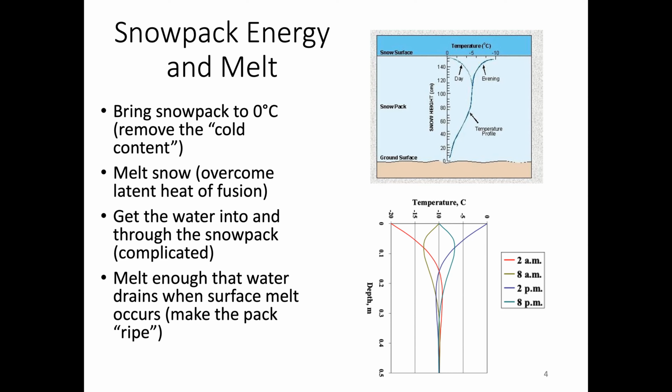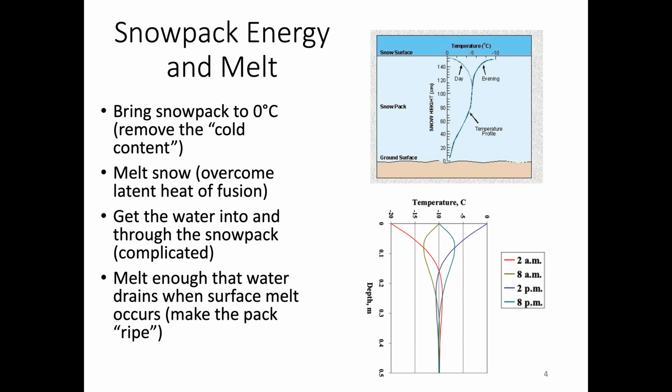So this is the diurnal cycle of snow in the winter. After the snow is at 0 degrees, you must melt the snow by overcoming the latent heat of fusion, the amount of energy it took to freeze the snow. Now that you've melted some snow, if the melt is going on the top layer of the snowpack, as we might see happen in these graphs, and snow is on the surface, it may refreeze as it moves through the snowpack because the deeper snow is cooler.